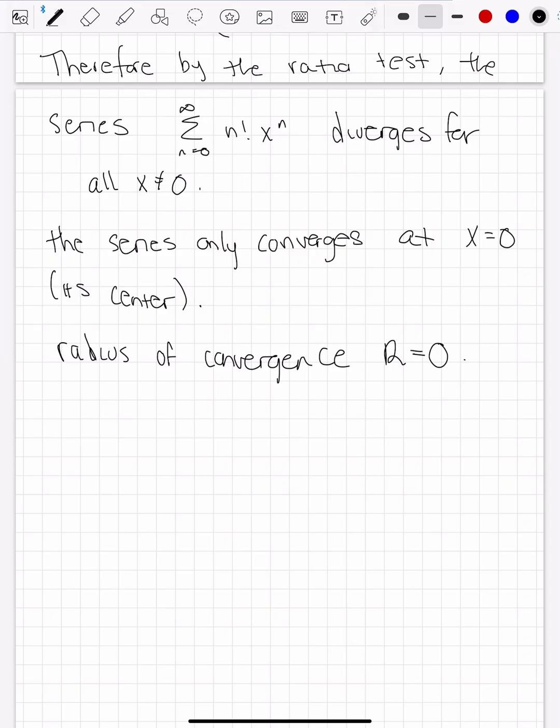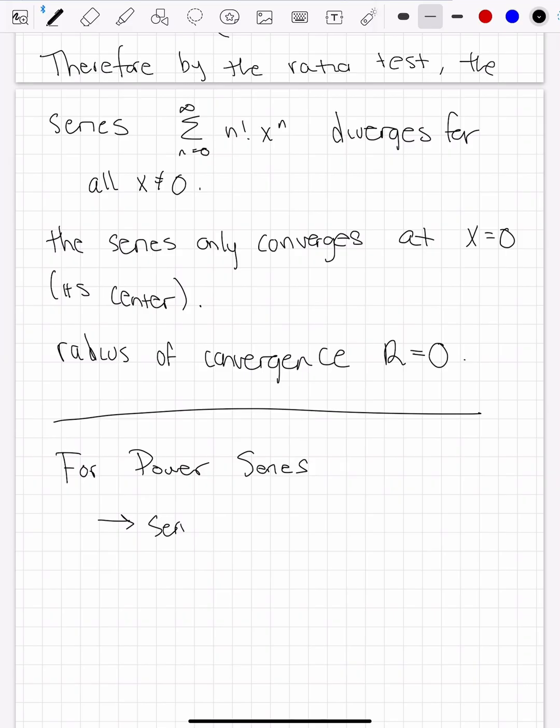So remember, for power series, we had three options. The first one was that the series only converges at its center, which remember is x equals a, and diverges for anything else.